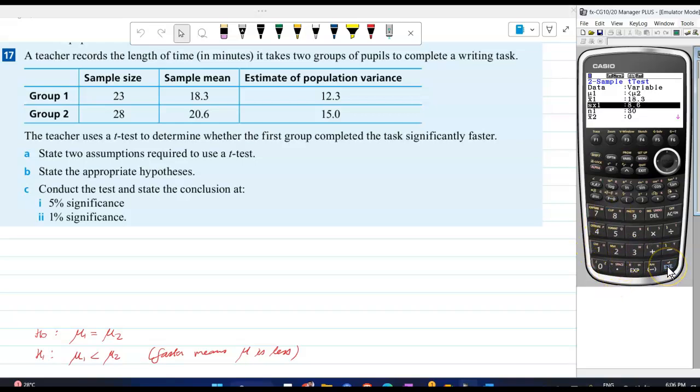You enter the first sample mean 18.3, the estimate of variance 12.3, so the standard deviation is the square root of 12.3, and sample size 23. The second sample mean is 20.6, the variance is given, so the standard deviation is root 15, and sample size is 28. Pooled on, you leave it, and that's your answer.